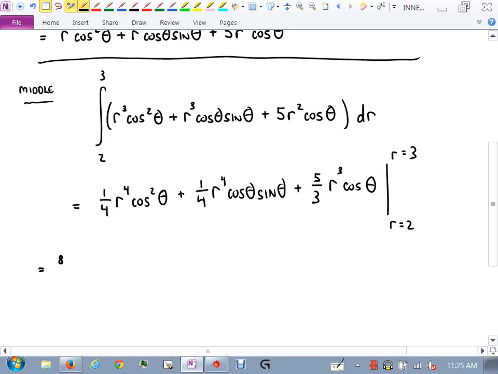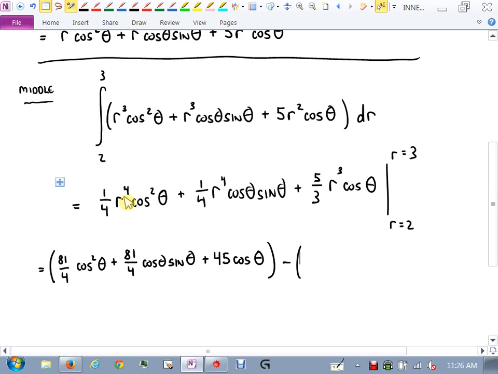So I'm getting 81/4 cosine squared theta, plus again 81/4 cosine theta sine theta, plus r cubed is 27, but then divide that by 3 and you get 9, and then multiply times 5 and you get 45 cosine theta. I take all of that and I subtract from that what I get when I plug in 2.